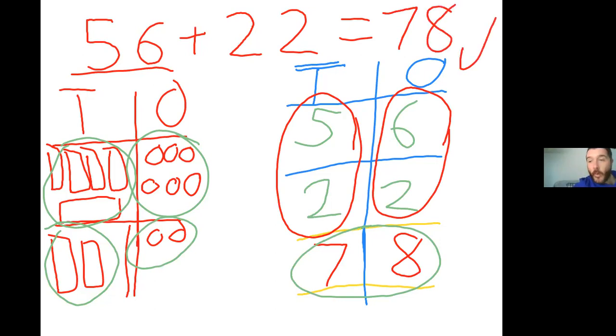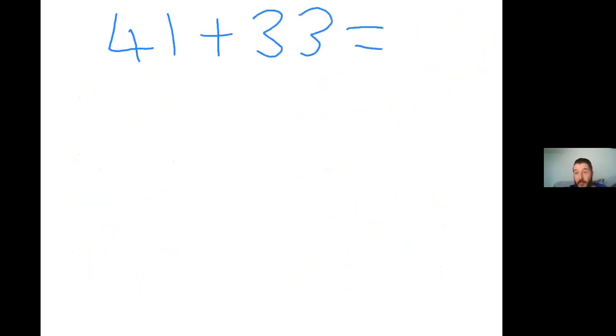Okay, I'm going to go through one more for you, for those of you who get really confident and want a speedier method. So we don't need to draw both lots of tens and ones. Let me show you. So if we have 41 add 33, we can do it just by drawing the columns. Okay, the columns need to be in the right place.